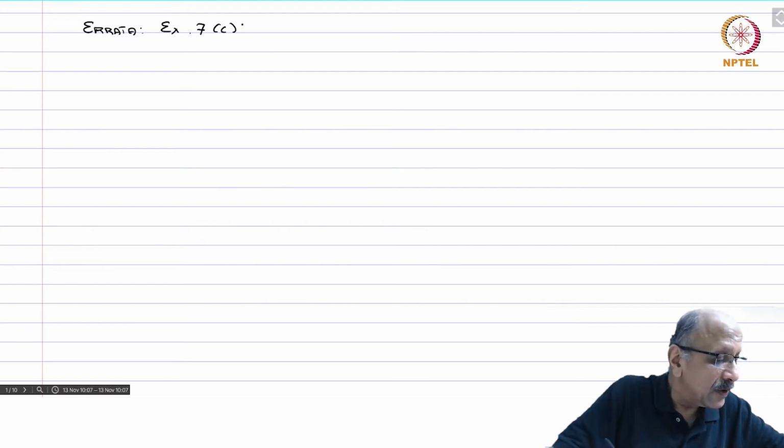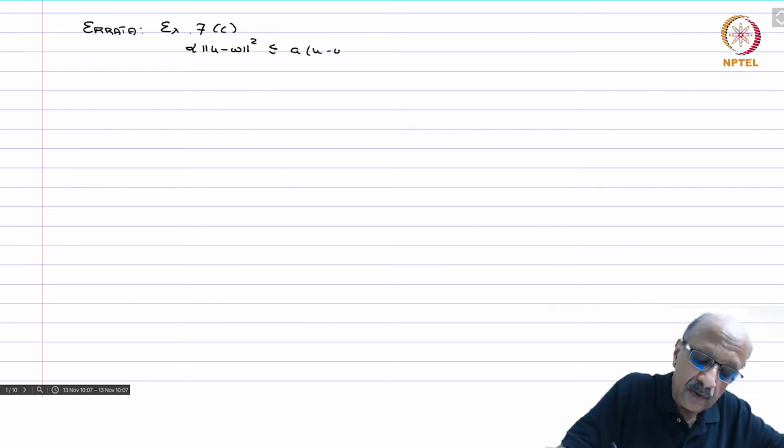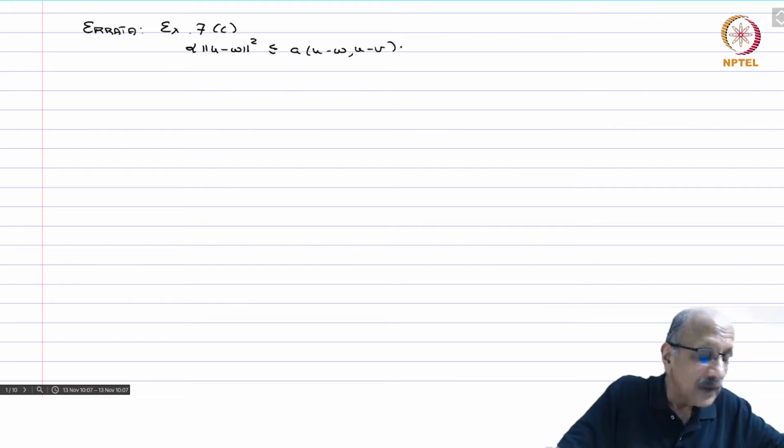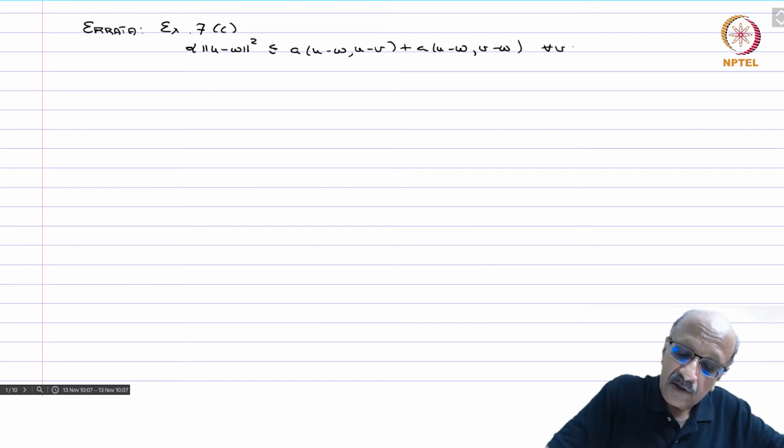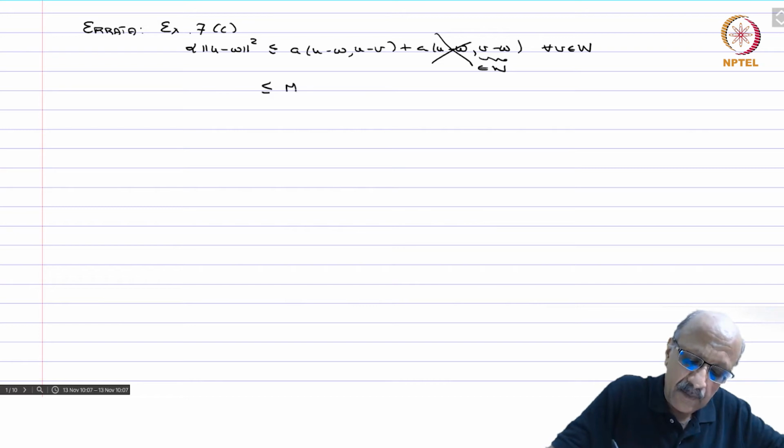We showed that alpha norm u minus w square is less than or equal to a of u minus w, u minus v plus a of u minus w, v minus w for all v in W, and since this is in W, this term became 0. So this is less than or equal to M times norm u minus w, norm u minus v.